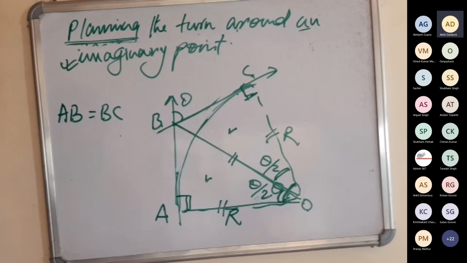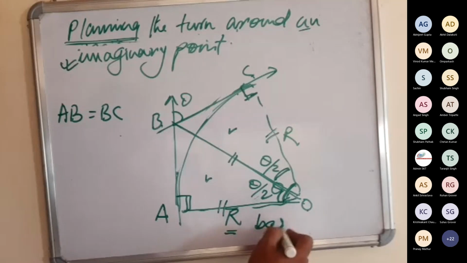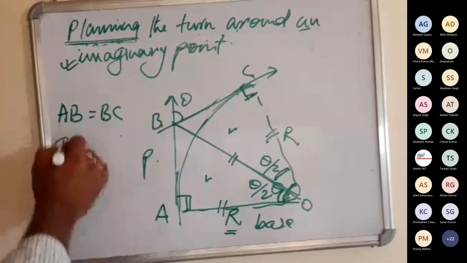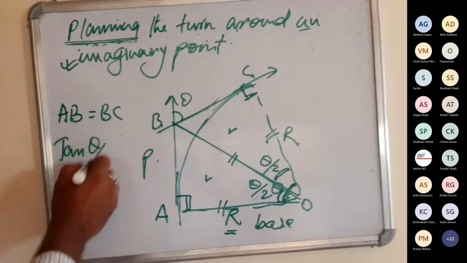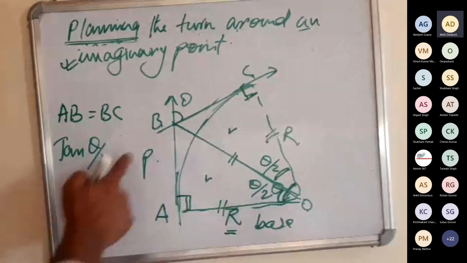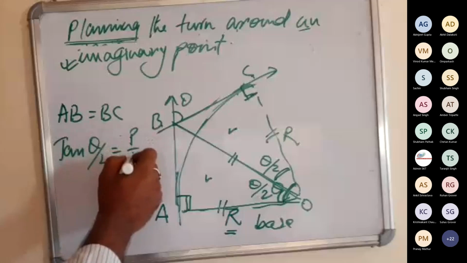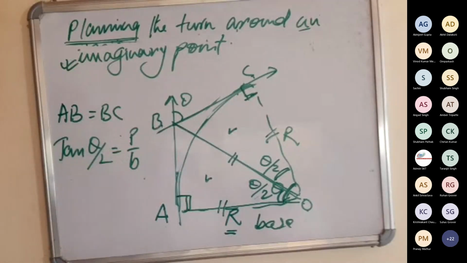How did 2R come here? Sin theta by 2 into R. Hey, we are comparing the base and perpendicular. So tan theta by 2, this angle, is equal to AB by R, that is P by B. Is that right?